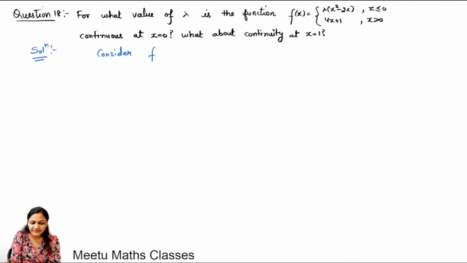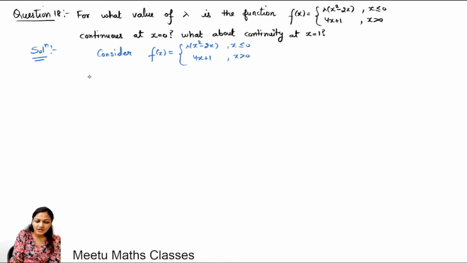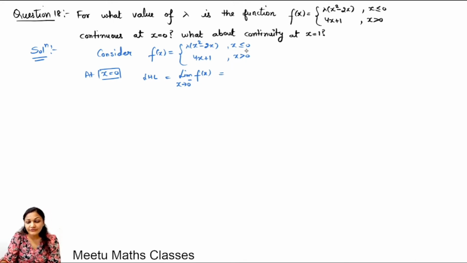Your function is f(x) = lambda times x square minus 2x when x is less than or equal to 0, and 4x plus 1 when x is greater than 0. Now, to check continuity at x equals 0, we are going to first calculate the left hand limit, and that is equal to the limiting value of your function as x tends to 0 minus, and to the left of 0 your function is defined as lambda x square minus 2x.